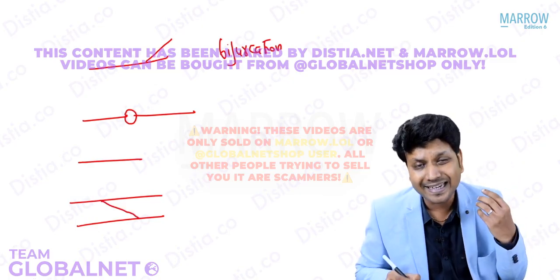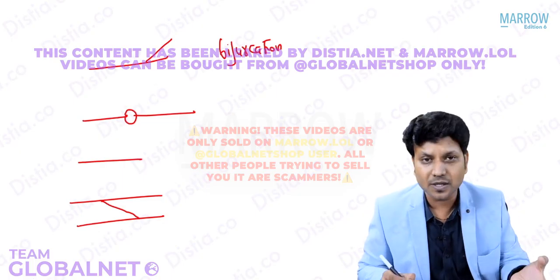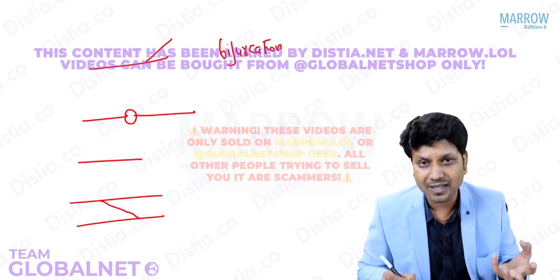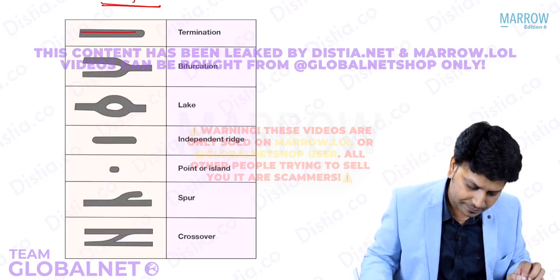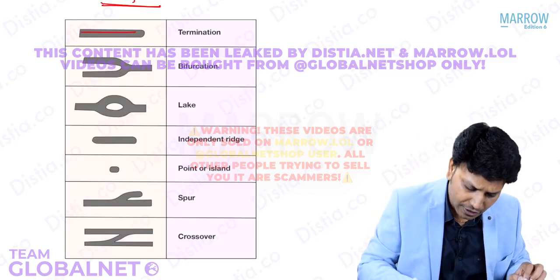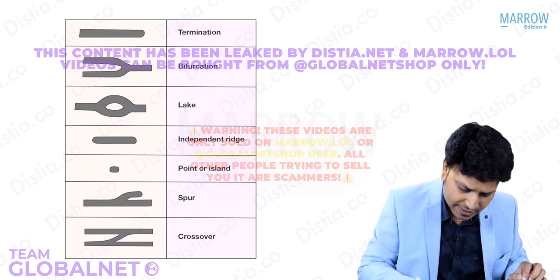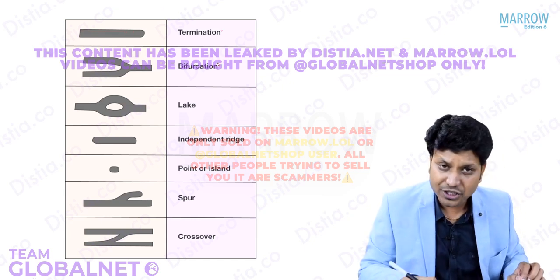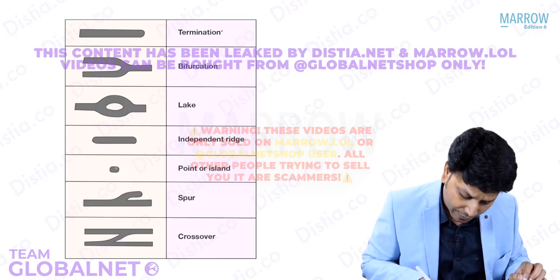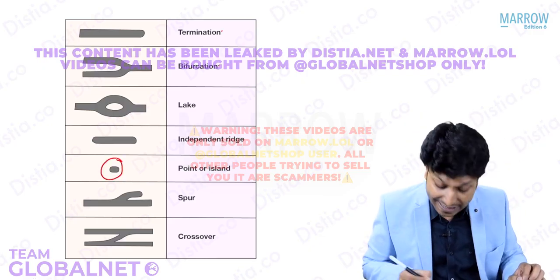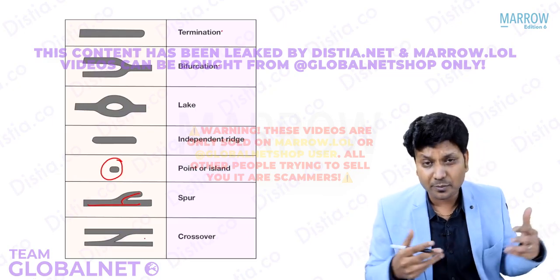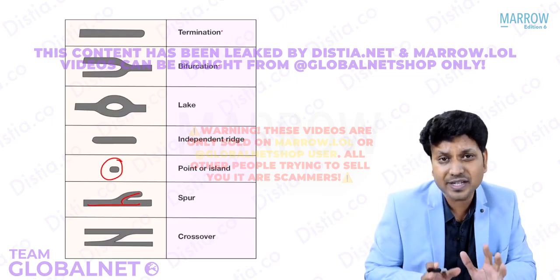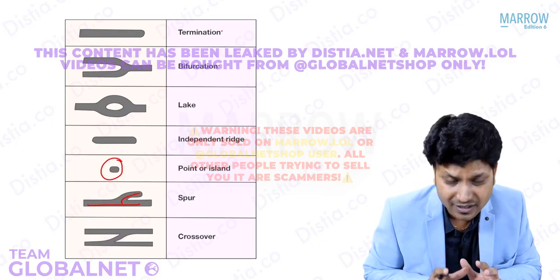Likewise, there are n number of ridge characters that can be observed in the ridges. You can see termination, bifurcation, lake formation, point, spur, and crossover or bridge formation. I told you n number of ridge characters can be identified like this.